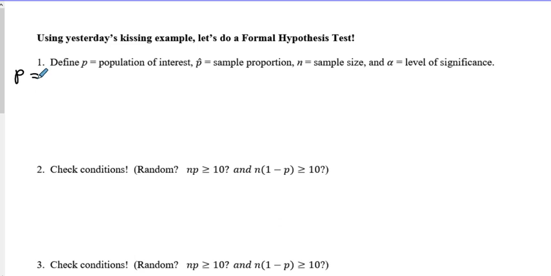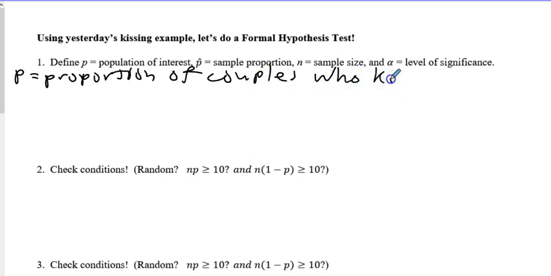If you remember from yesterday, that was the proportion of couples who kiss the "right" way. Remember, right is in quotation marks, meaning that's not correct, it's with their heads tilting to the right. So when they kiss, they tilt their heads to the right.